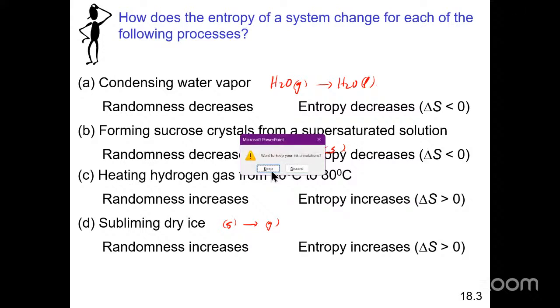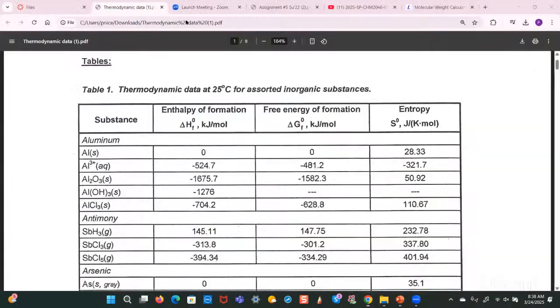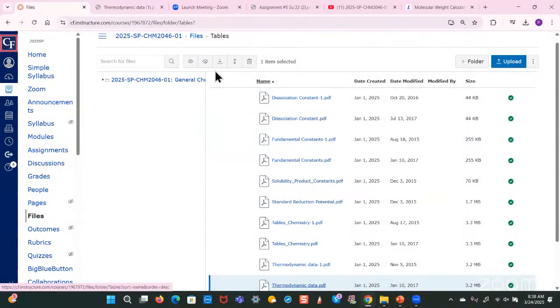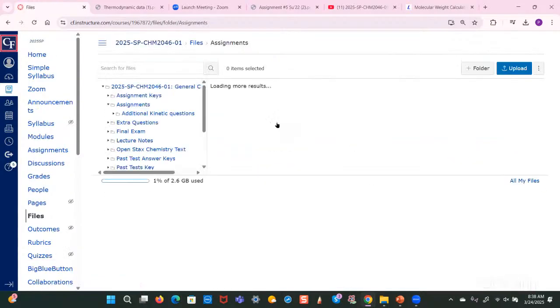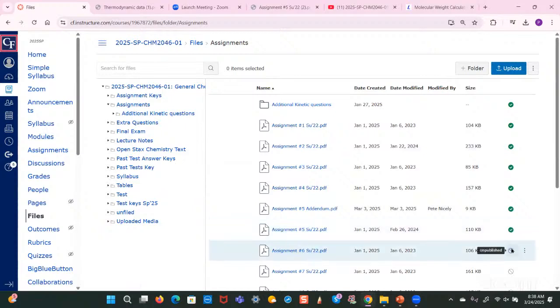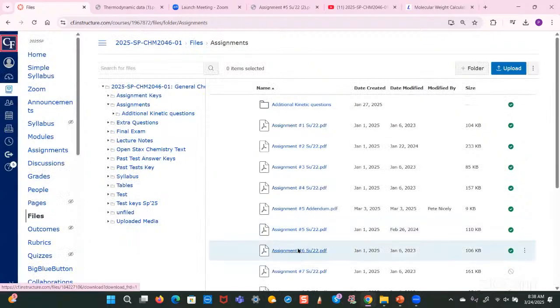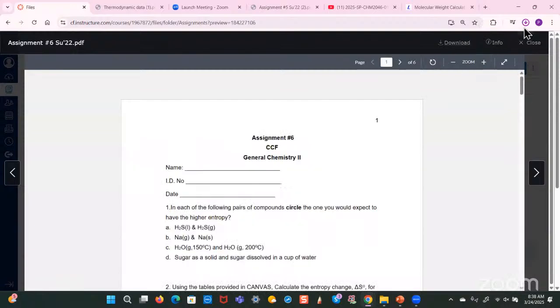Let me go to assignments. This is assignment number 6. Let me publish that now. So you guys out there in Zoom should be able to download that assignment.